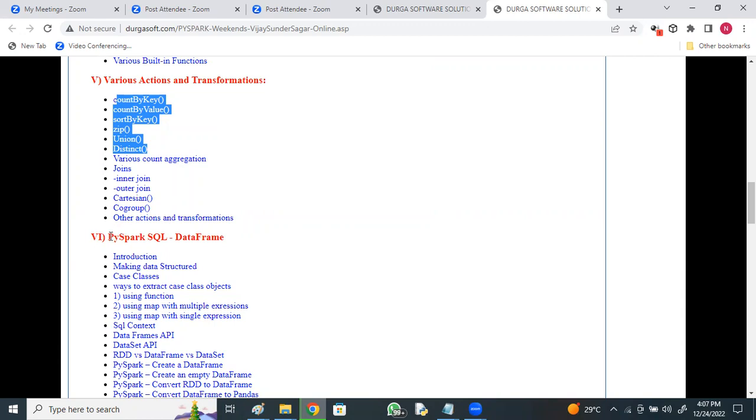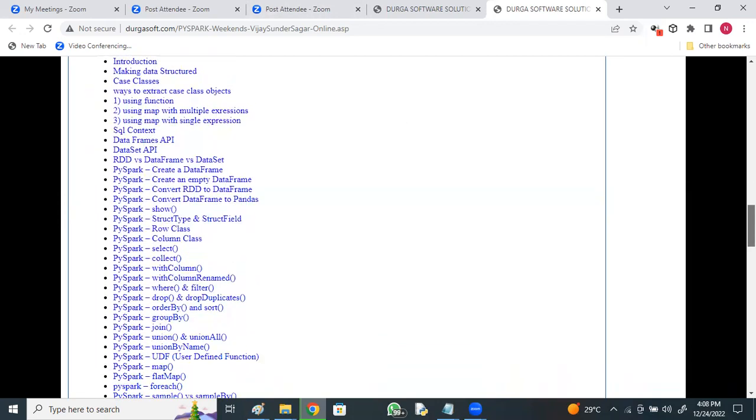PySpark SQL DataFrames are more important and widely used today. The PySpark SQL DataFrames concept: making the data structures and creating a DataFrame. DataFrame APIs are available: creating a DataFrame, creating an empty DataFrame, converting an RDD to a DataFrame, and converting a DataFrame to pandas.